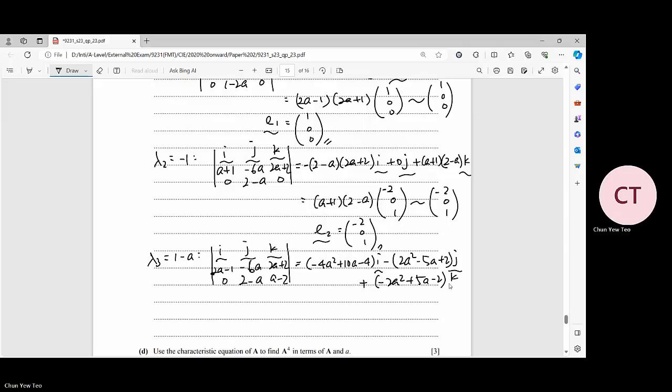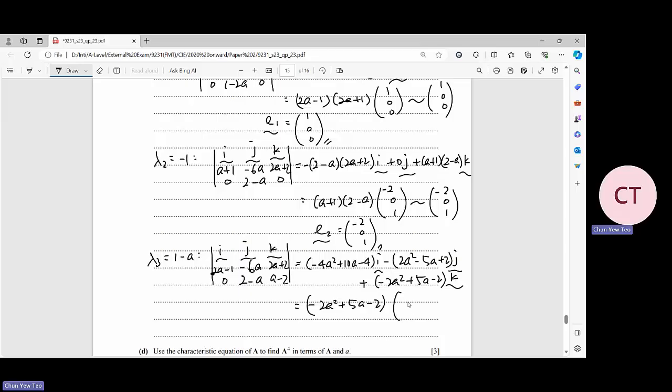Even if you want to see that they have a common factor, it is a bit difficult. But actually the common factor will be 2A squared minus 5A minus 2. So I take the common factor out, as negative 2A squared plus 5A minus 2.